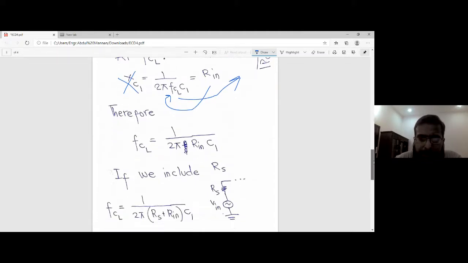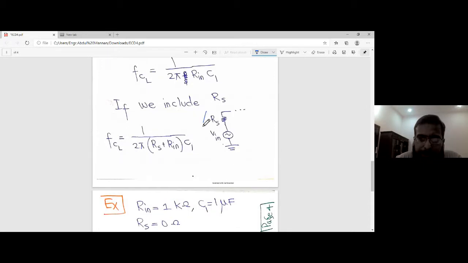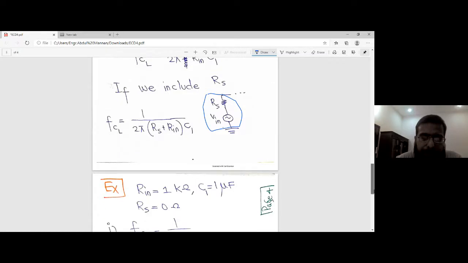But sometimes we include the internal resistance of the source too. If it is the case, we have to add this Rs in Rin, and then we have to multiply that sum with C1 and 2 pi.